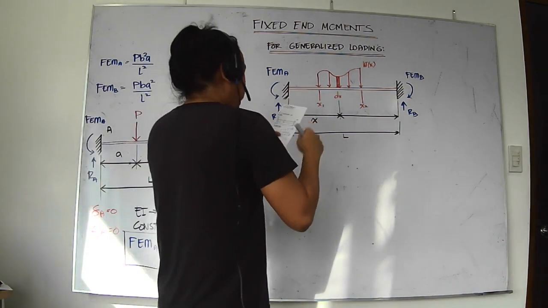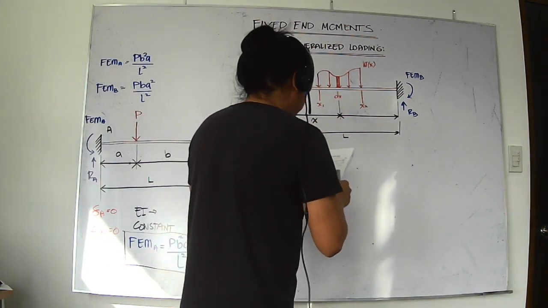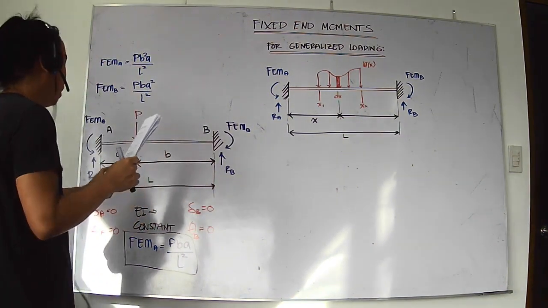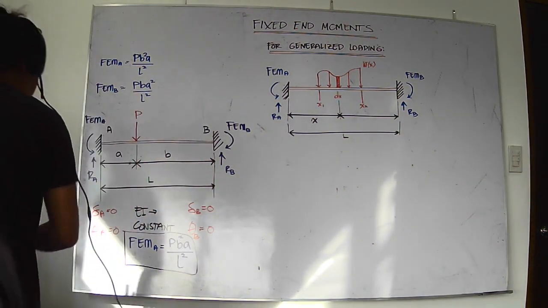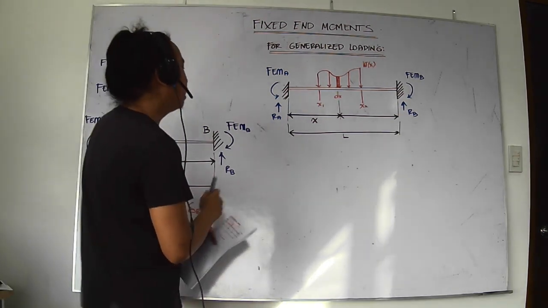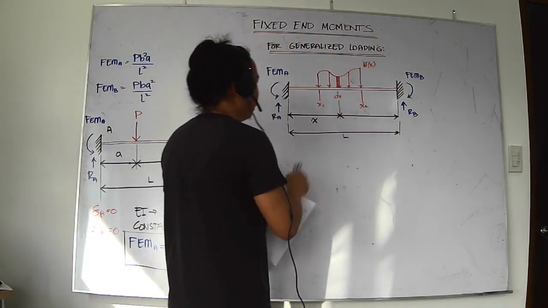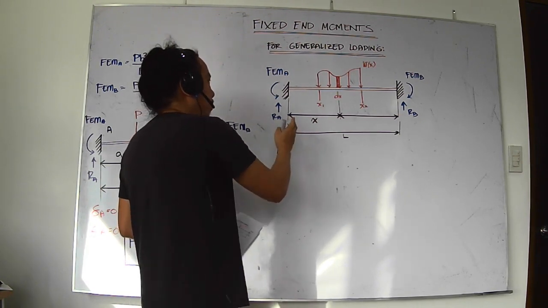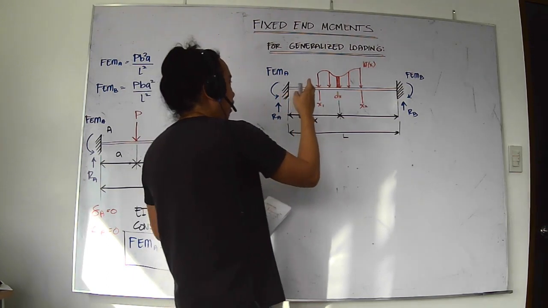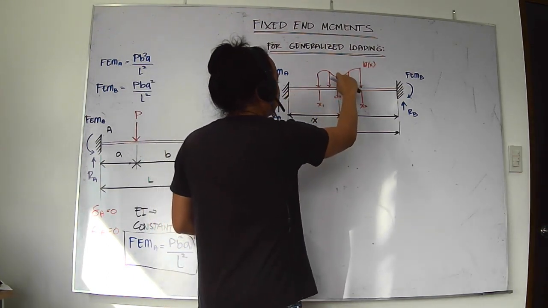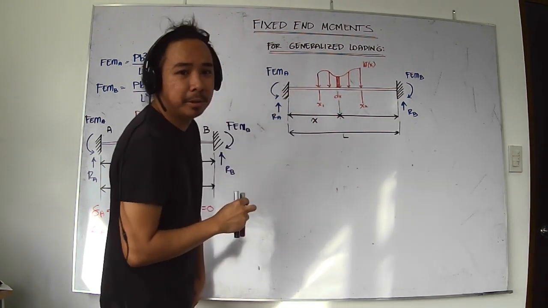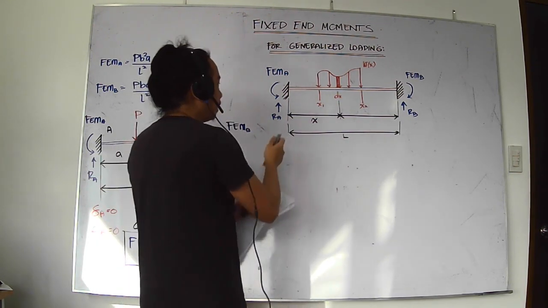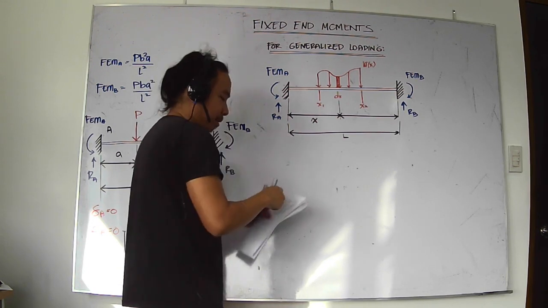Now, how do we do this, sir? For generalized loading, we will take a very small strip, which will represent the behavior of the load as it changes. Its distance from the rightmost support is x.